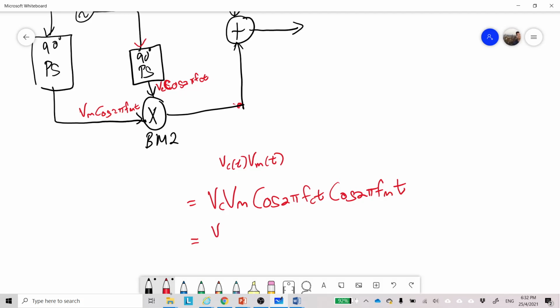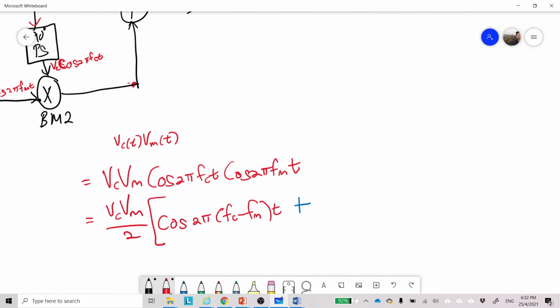So actually it will be like this: VC VM over 2, cos 2 pi FC minus FM for the lower sideband, and then here is plus cos 2 pi FC plus FM T, close bracket.